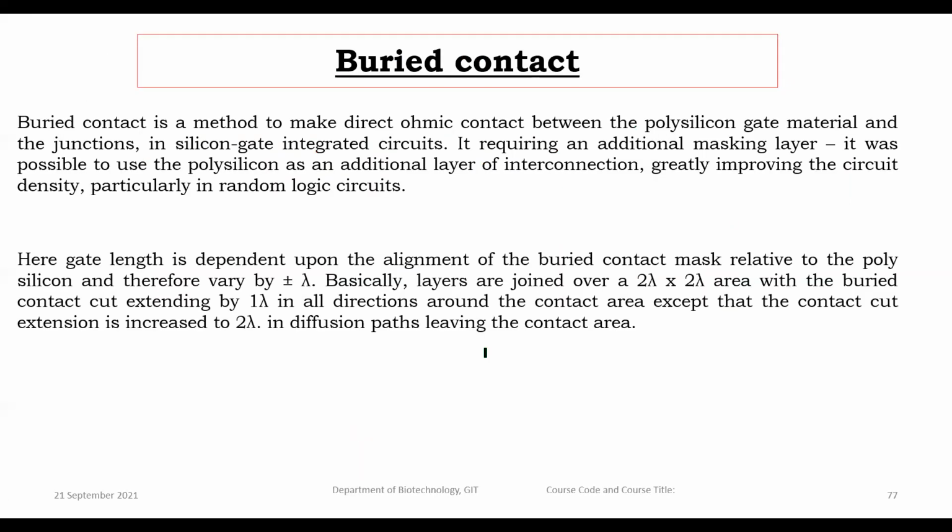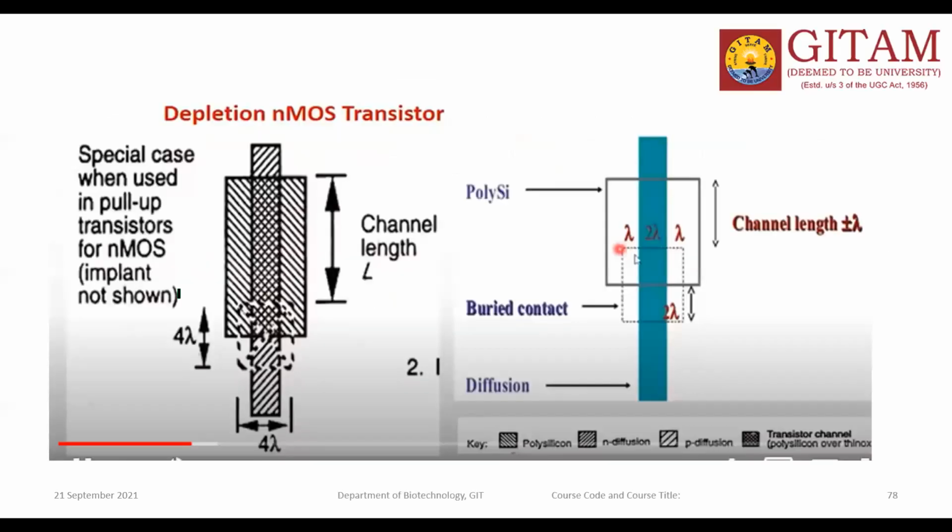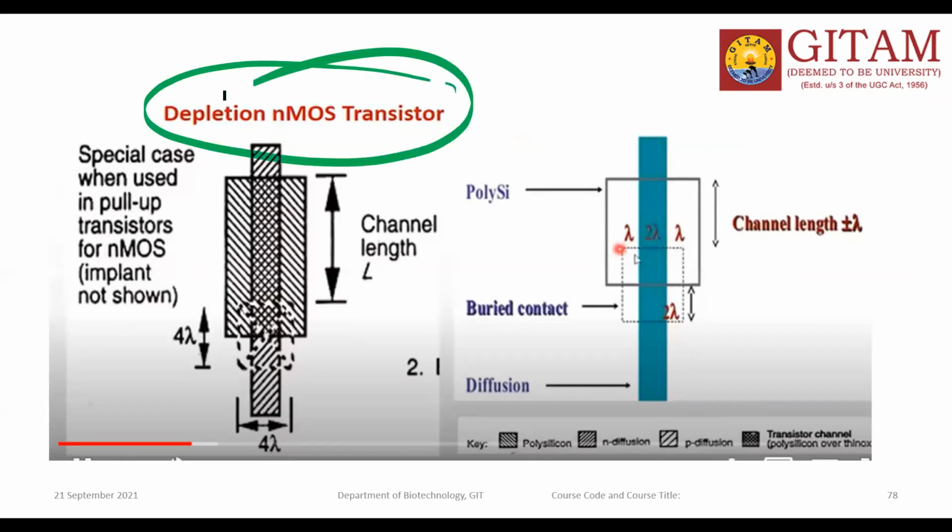The gate length depends on the alignment of the buried contact mask relative to the polysilicon, so that there is a variation of plus or minus lambda. For example, if you take this picture. Now come to the depletion MOSFETs.